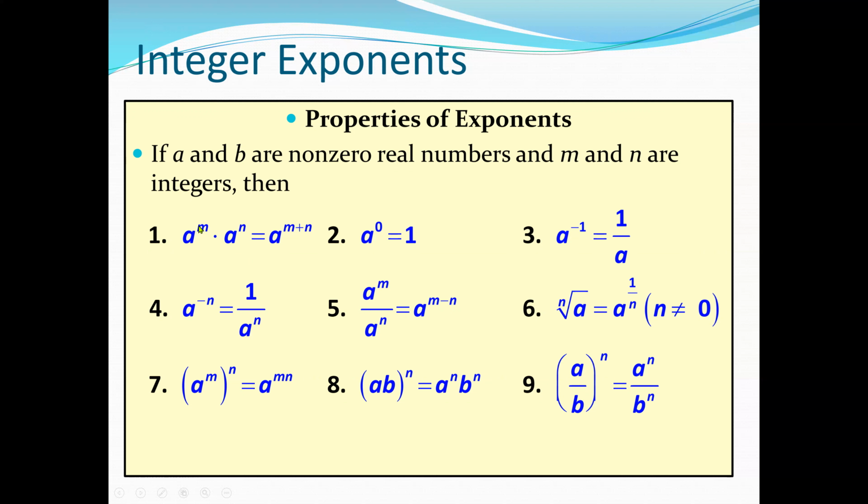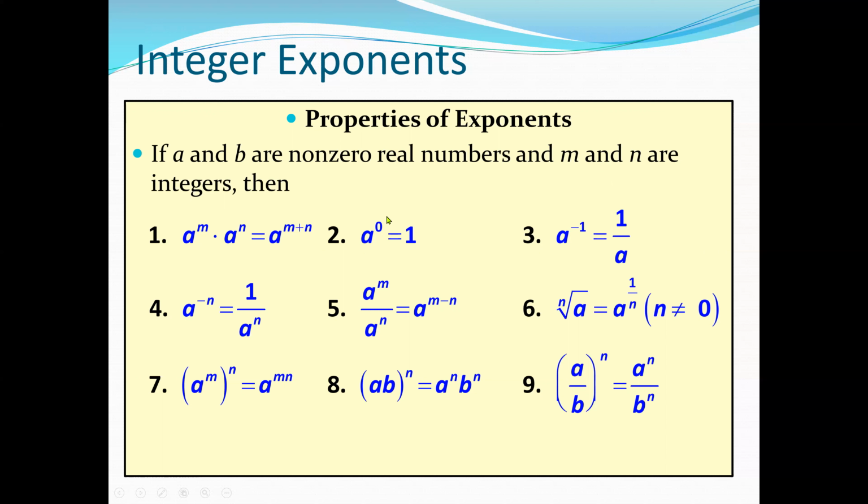So a to the power m times a to the power n, the answer will be a to the power m plus n. Now, if it's a to the power m times b to the power n, we cannot do anything. The answer will be a^m b^n. But here, since the bases are the same, we add exponents if we are multiplying.